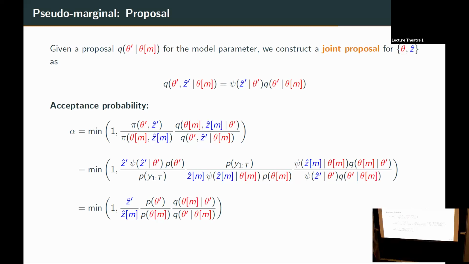So increasing the number of particles will have a direct influence on the psi part here. And yeah, in the limit, if you take very many particles, then the Z hats in this expression down here will be pretty much the same. So it will be constant, and then you can just remove this and we recover the ideal Metropolis-Hastings algorithm.